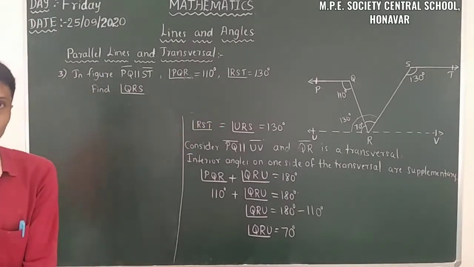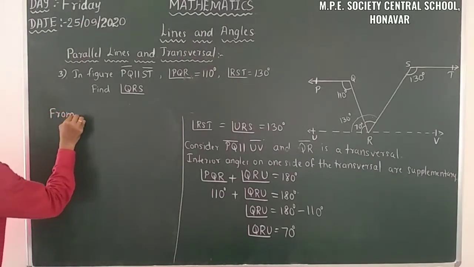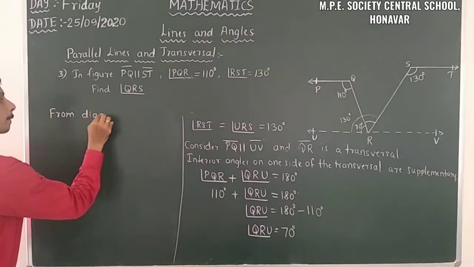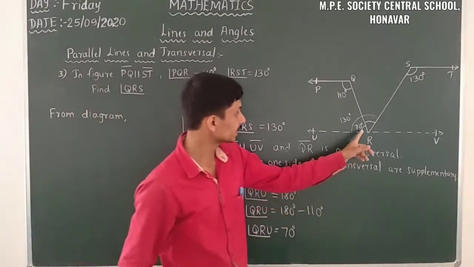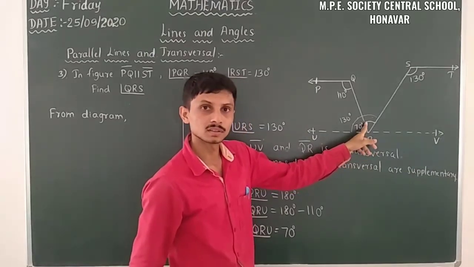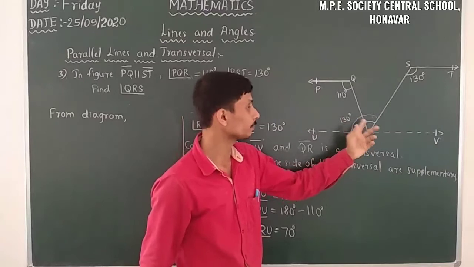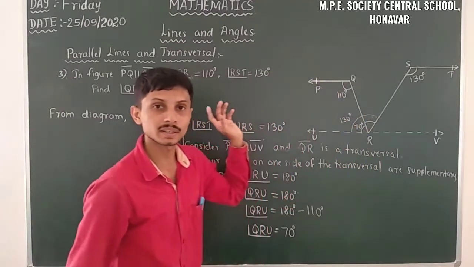So from the diagram, this 70 degree angle and this QRS, when we take the sum of those two angles, we get a total of 130 degrees.